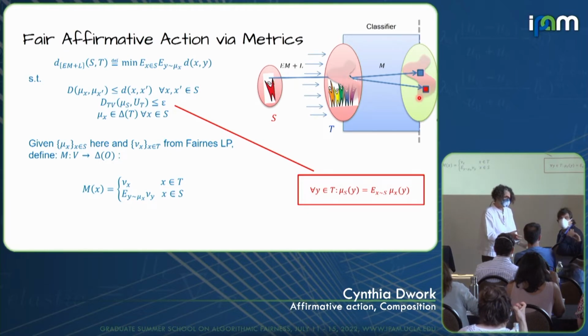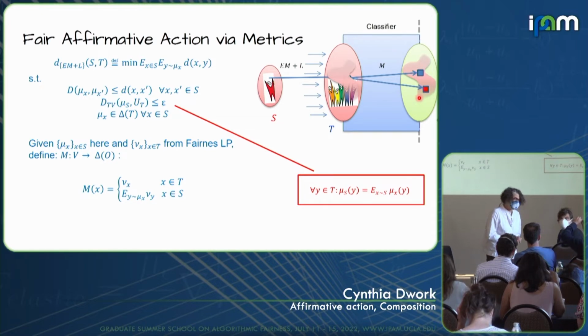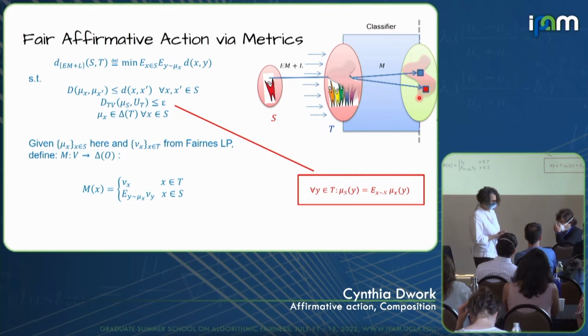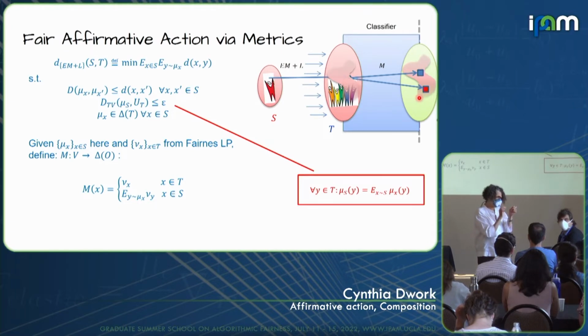I understand, but is it possible ever for two dissimilar people in S to be mapped to a similar outcome? Absolutely. The fairness requirements only say that the difference in distributions between X and X prime cannot exceed the true distance between X and X prime. It doesn't say it can't be smaller.